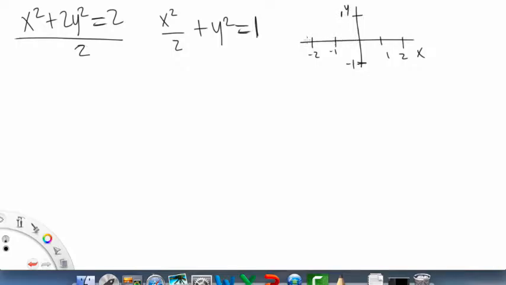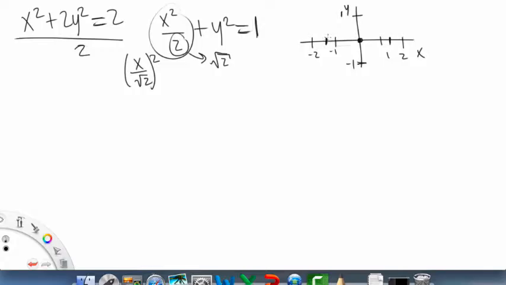So what this is going to look like is this. On the bottom it lets us know that the major axis is square root of 2, okay? Because this thing is like x over square root of 2 squared, right? So anyways, going back to graphing, on the x-axis it's going to stretch out, it's centered at the origin, right?